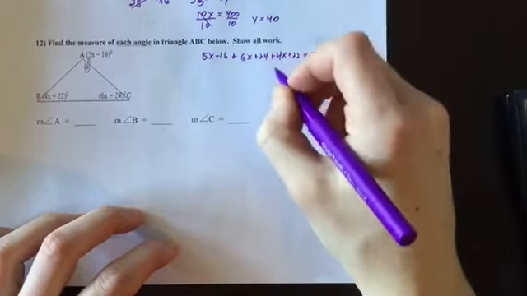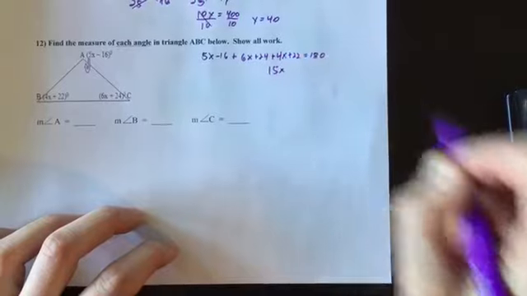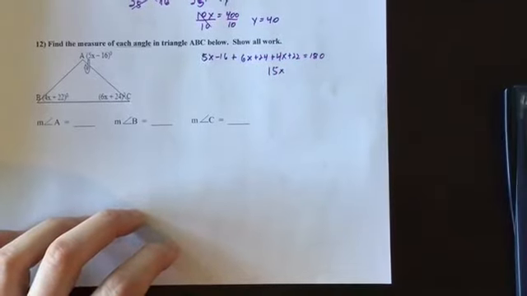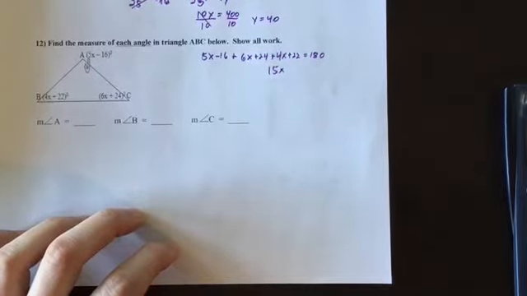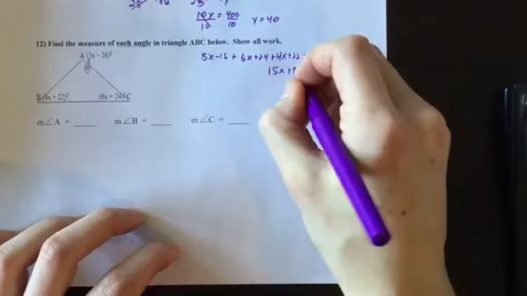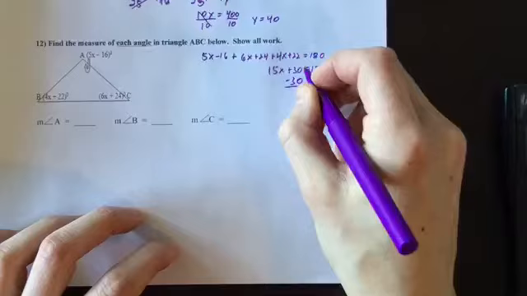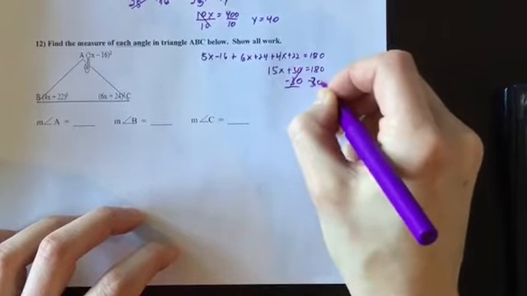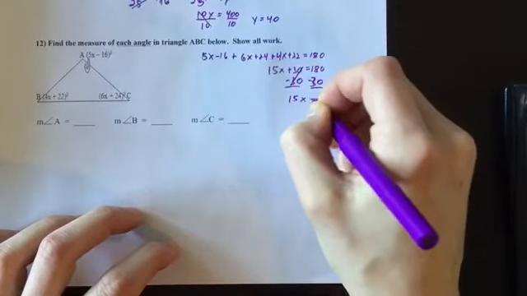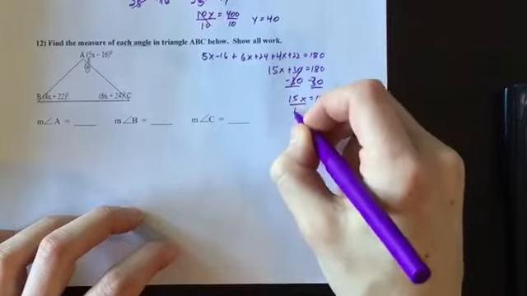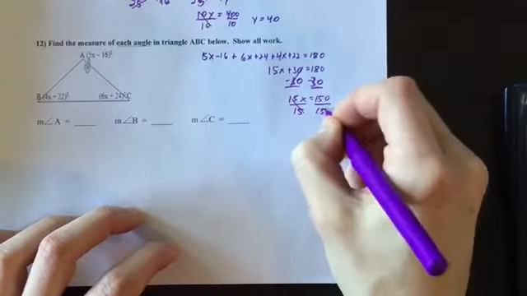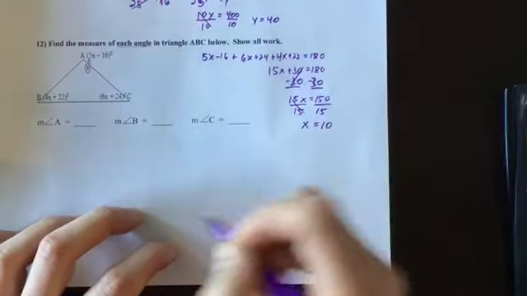So combine our like terms, that's going to be 15x plus 30 equals 180. Solve for x. We get 15x equals 150, which means x is equal to 10.